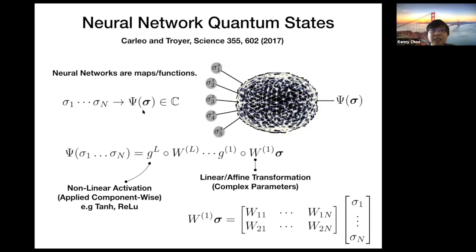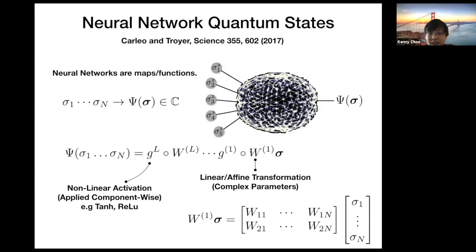And the idea of neural network quantum states is then very straightforward. We simply want to think of the neural network as representing the wave function. So we give as input to the network some Hilbert space configuration, and then we apply a series of linear and nonlinear transformations to the vector.